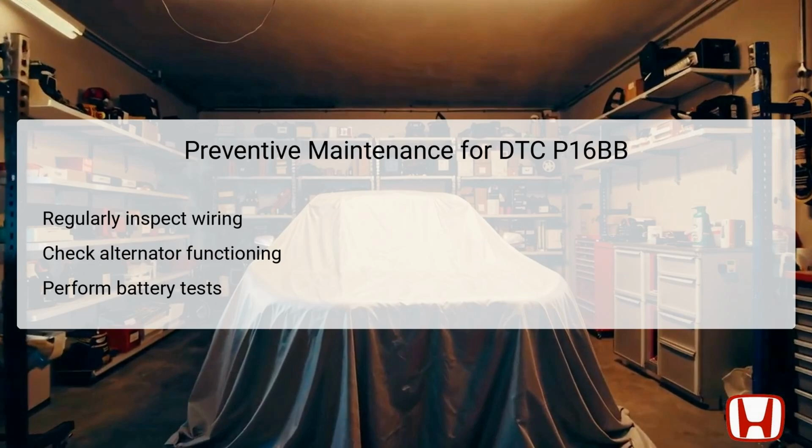Performing battery tests can determine the health of the battery and its interaction with the alternator, as insufficient battery performance may lead to misleading voltage readings. By integrating these practices into a regular maintenance schedule, drivers can reduce the likelihood of issues that lead to this particular DTC and maintain overall vehicle reliability.